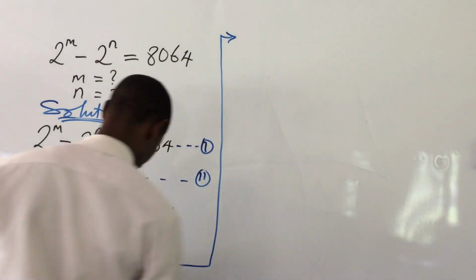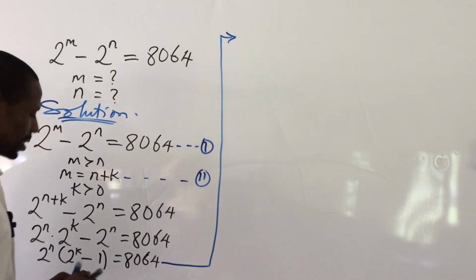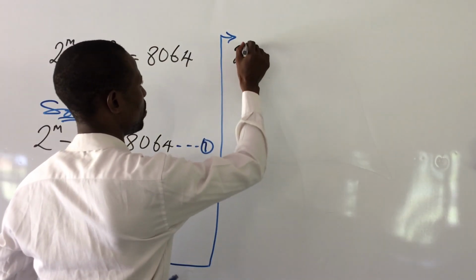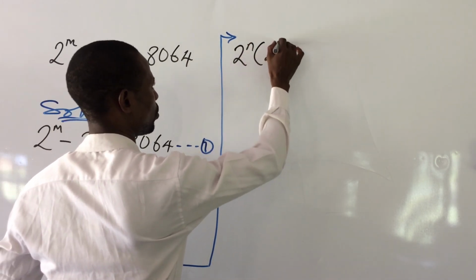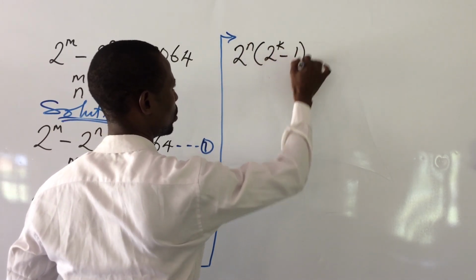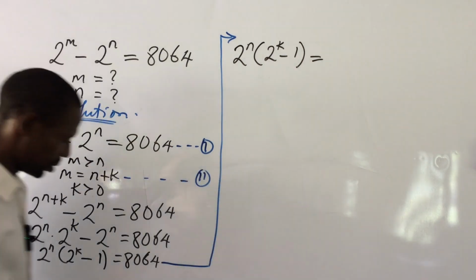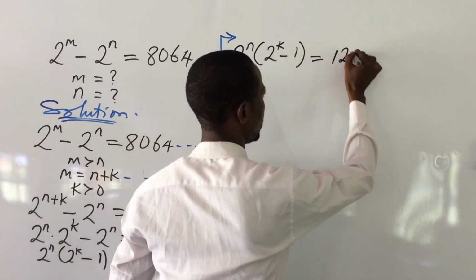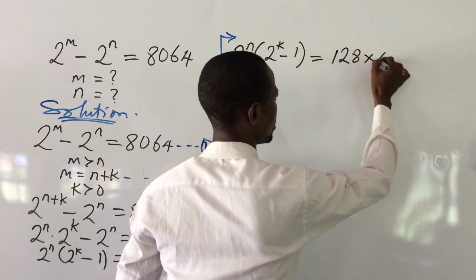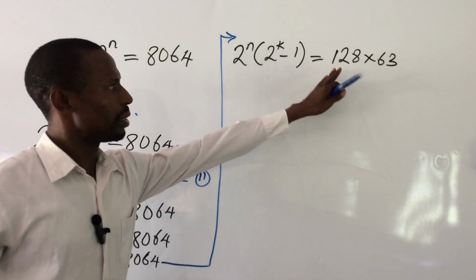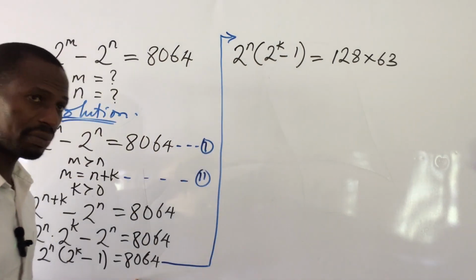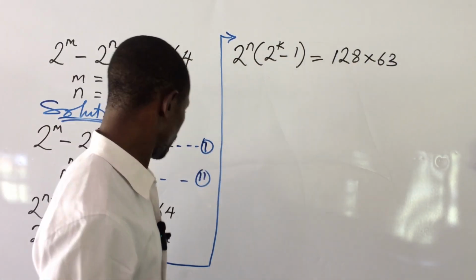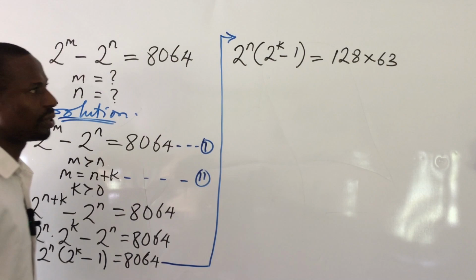So we can rewrite this as 2 to the power of n, bracket 2 to the power of k minus 1, close bracket, equals 128 times 63. This is a factor of this number, and this is also a factor of this number. So the product of these two will give us 8064.